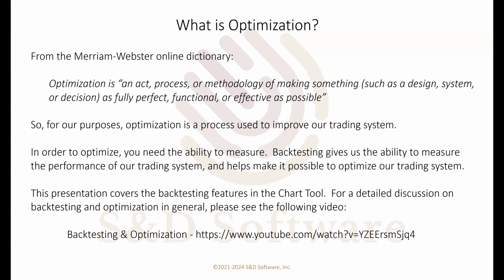So this is why a lot of people conflate optimization and backtesting, when actually they're not the same. Backtesting is strictly giving us the ability to measure the performance of our trading system. And then optimization is the process whereby we use those measurements to improve the performance of our trading system.